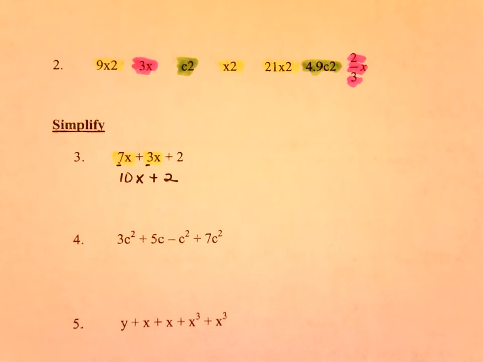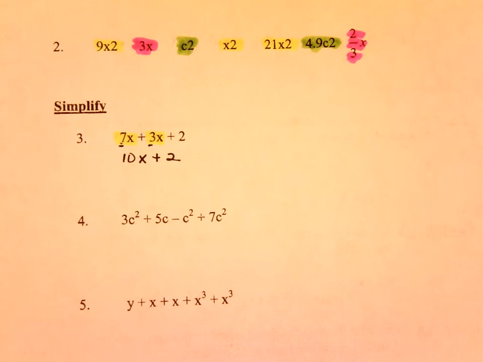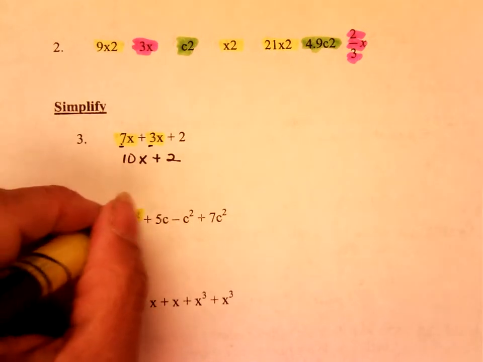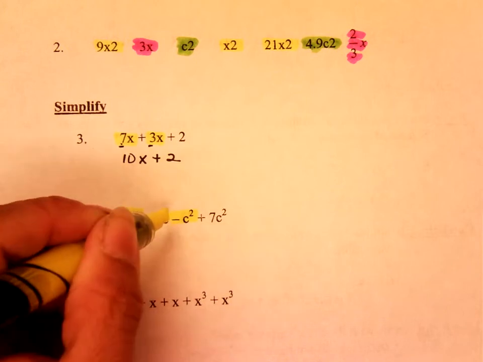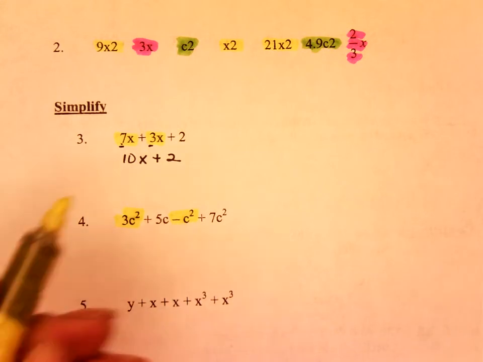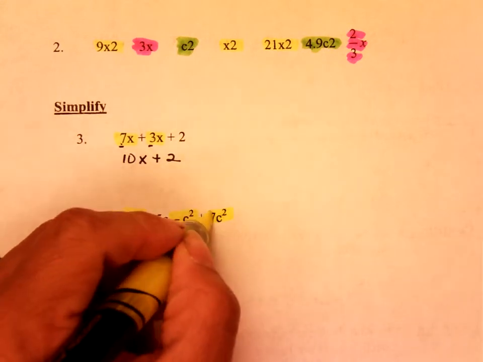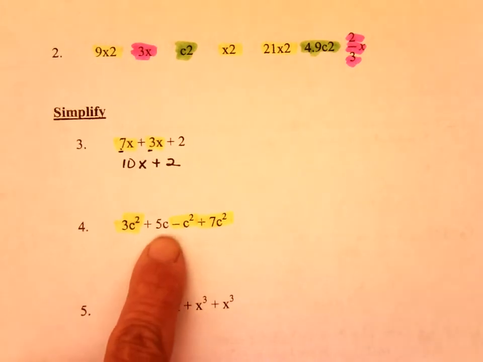Let's look at number 4. You have 3c squared. You highlight the minus c squared plus 7c squared. We did not highlight 5c because it is c, it's not c squared.